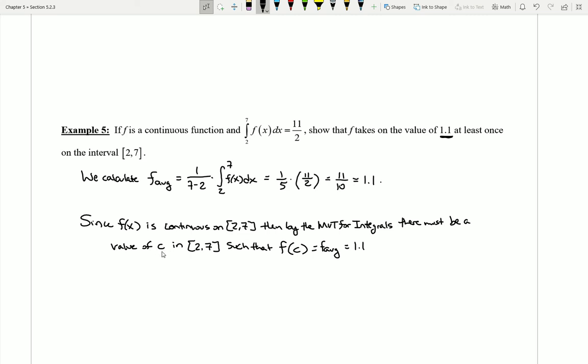So there's got to be a value inside the interval from 2 to 7 where this actually comes out as 1.1. So my argument at this point is finished.